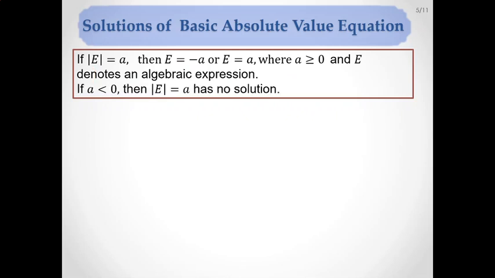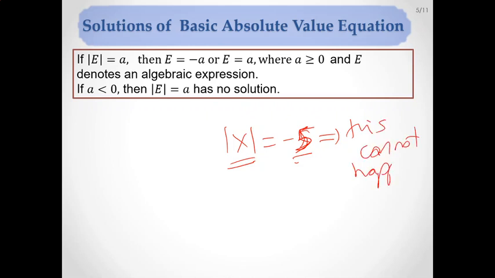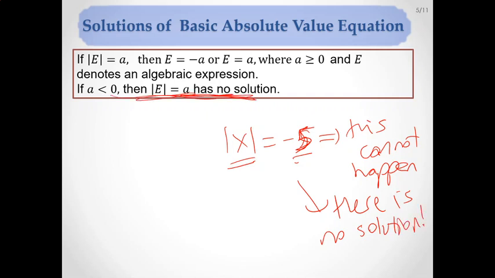So if someone asks you what the solution of this problem is, the absolute value of any real number is always positive. This cannot happen. So there is no x here. There is no solution for this problem.